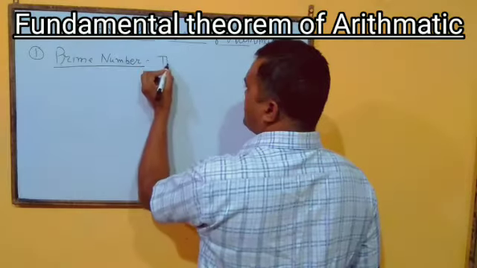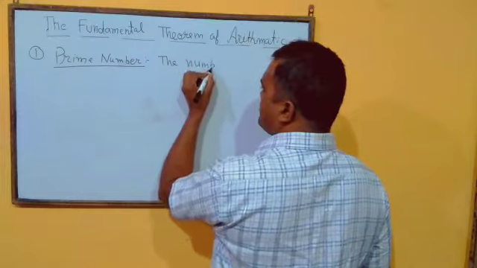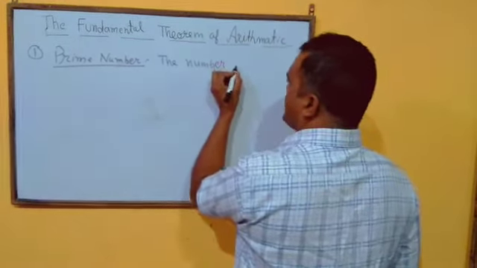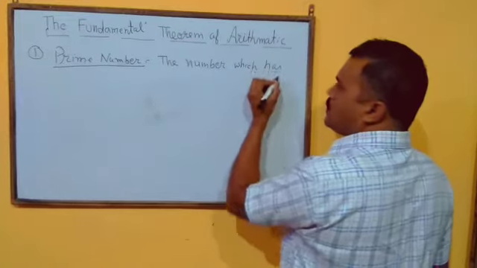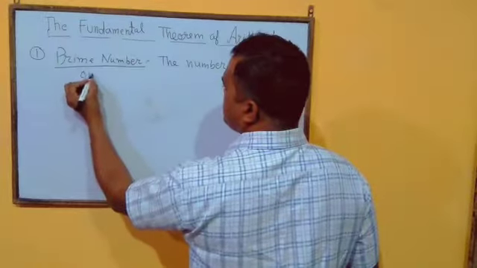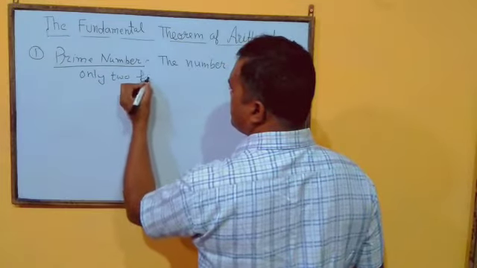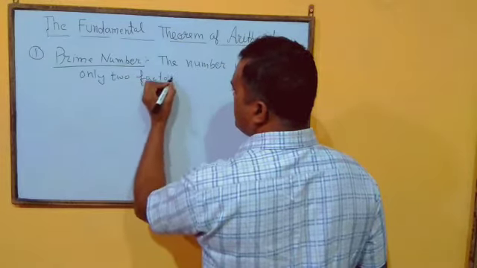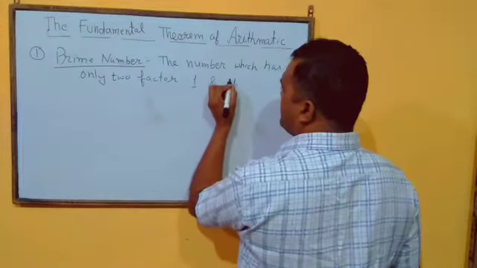The number which has only two factors, 1 and itself.